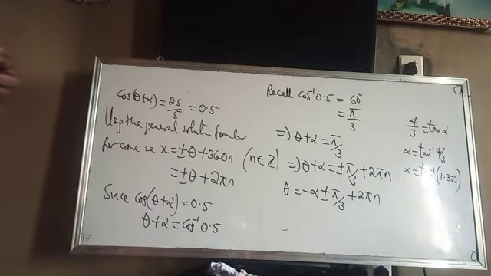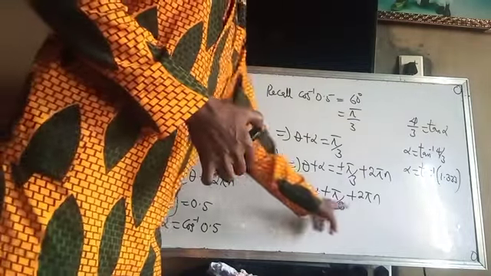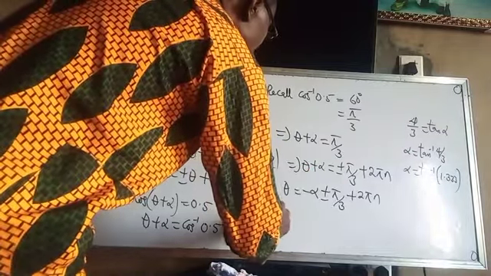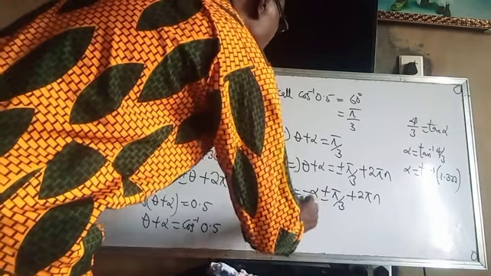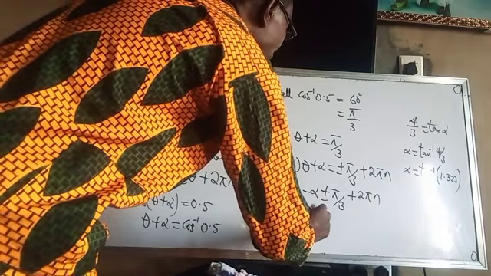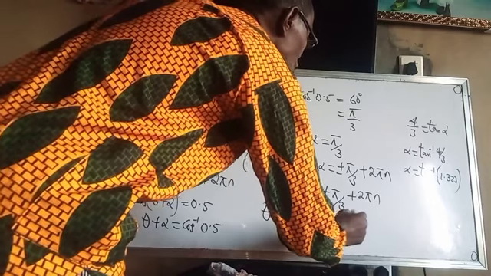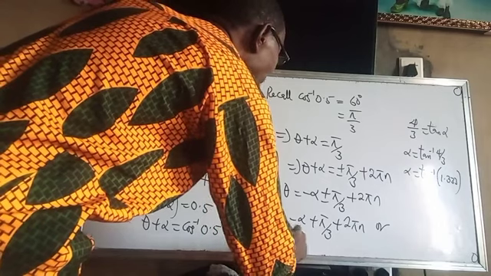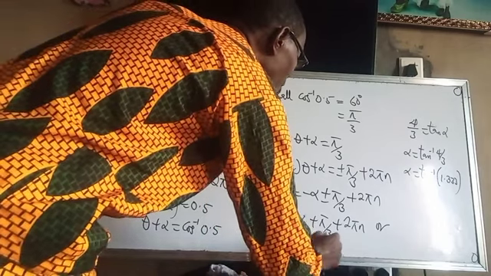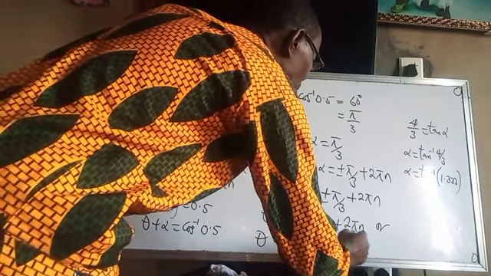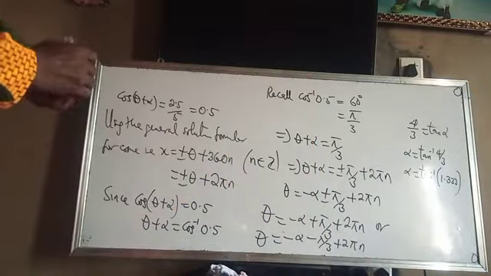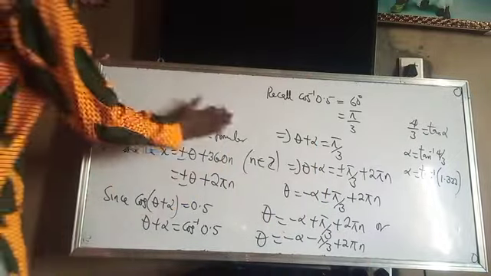So now, if you want to find the value of this theta, theta is minus alpha plus pi over 3 plus 2 pi n, or theta is equal to minus alpha minus pi over 3 plus 2 pi n. I will explain it to you. You will see how we're going to arrive at the final answer.